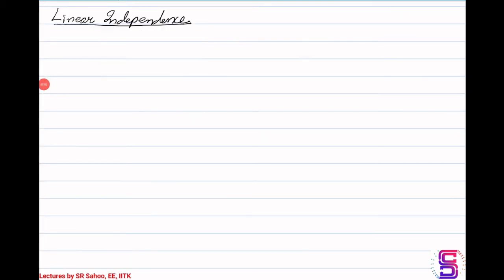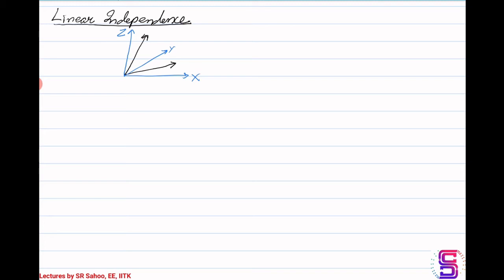In this lecture, we will be discussing something known as linear independence. To understand linear independence, consider this. Consider that there are two vectors in the R3 space.